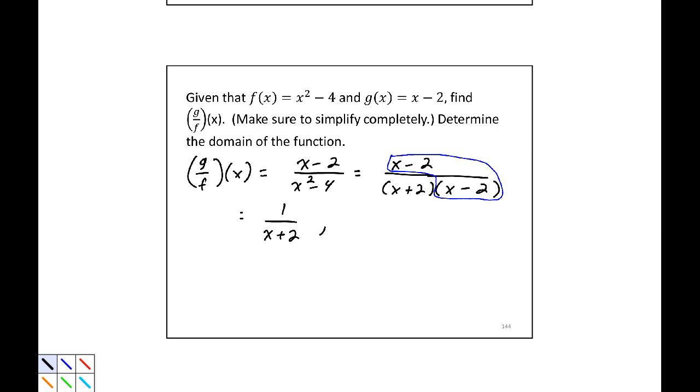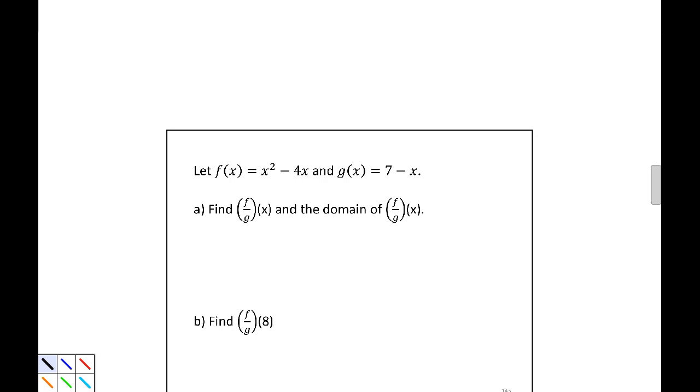And this is true, we have a domain, well, if our x is not equal to negative 2. That would make the denominator 0. So that means our domain is minus infinity to negative 2, union negative 2 to infinity, and neither of those intervals contains our negative 2.